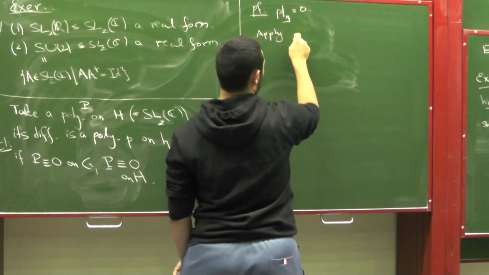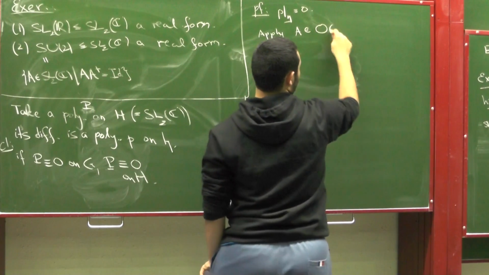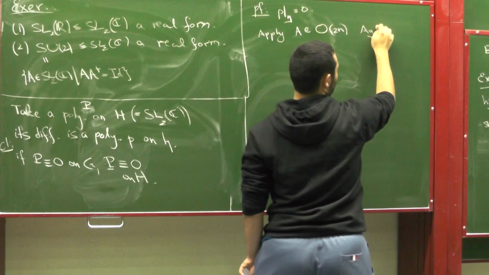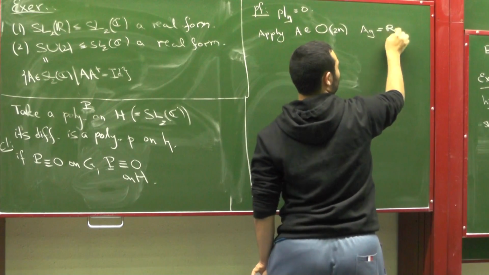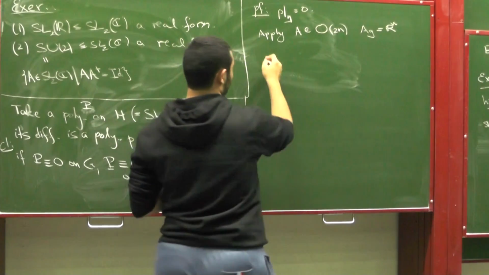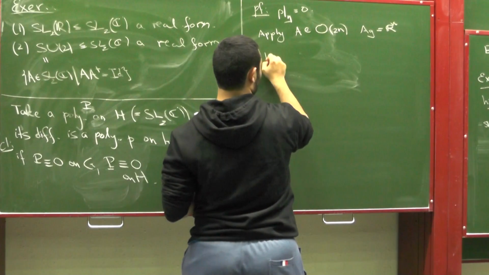Let me apply an orthogonal element which will make G go into Rn, just for simplicity of notation. And I now look at the modified polynomial.